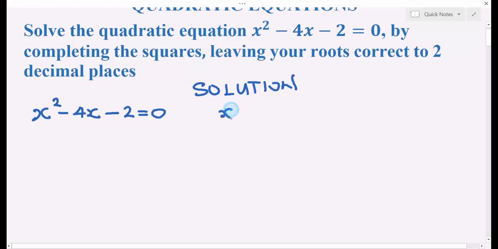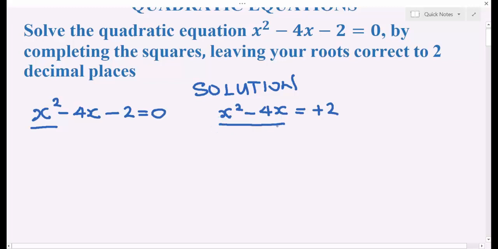We keep x squared minus 4x on the left hand side and move our minus 2 to the right hand side. Before we do that, we make sure that the coefficient of x squared is unity, that is 1, just as we have here. So the next thing we'll do is try to make this expression a perfect square.